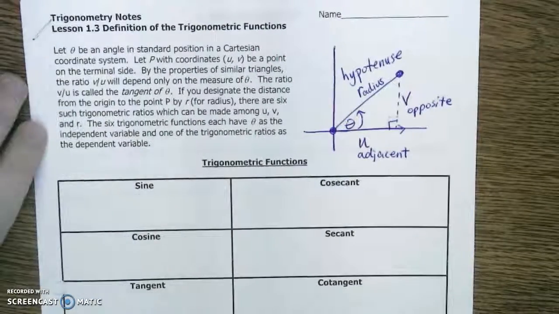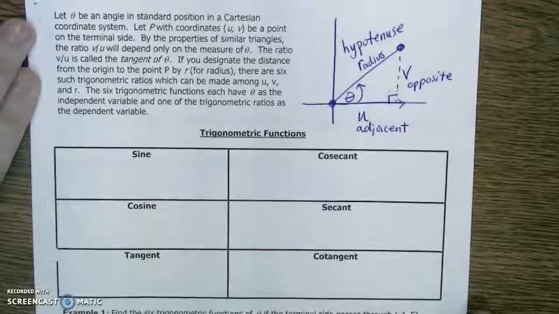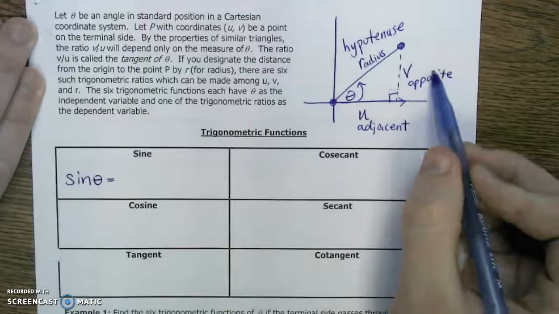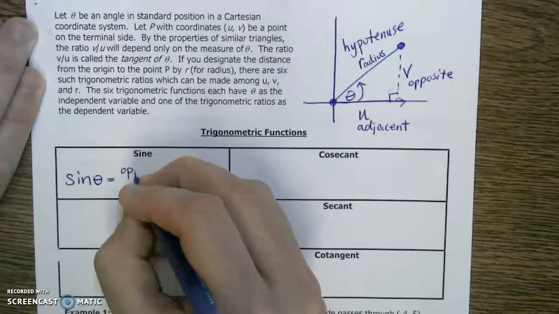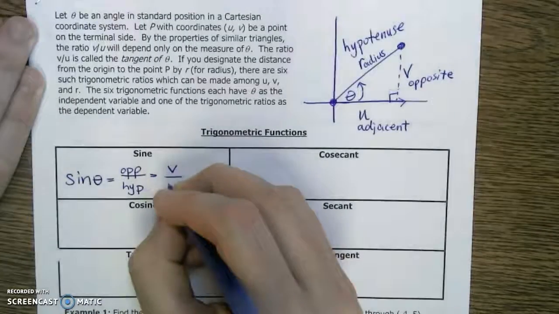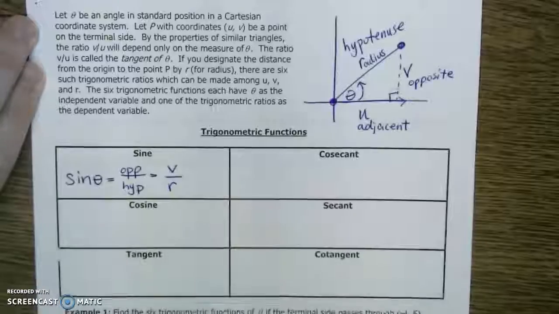So we're going to define these different ratios, these trig ratios. Sine, which is abbreviated SIN, sine of the angle theta is the opposite side divided by the hypotenuse, which in this case would be V divided by R. That is sine.